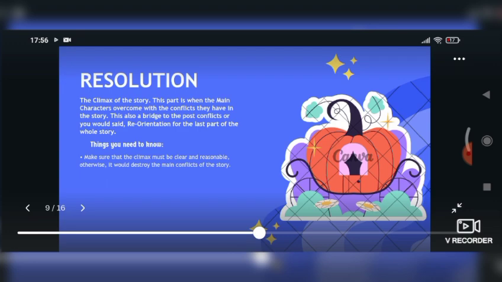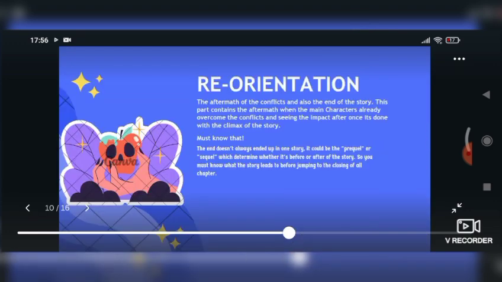Okay, students, now we jump to the next and last part of narrative writing. Reorientation, the aftermath of the conflict and also the end of the story. This part contains the aftermath when the main characters have already overcome the conflict and you see the impacts after the climax of the story. You must know that the end doesn't always end one story.